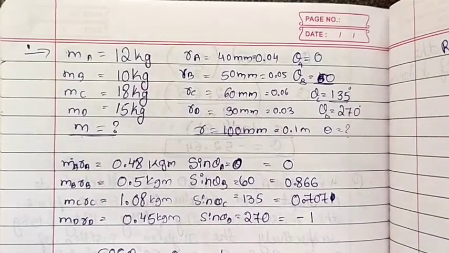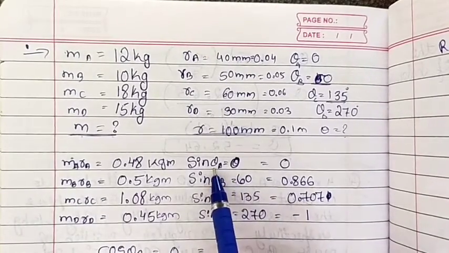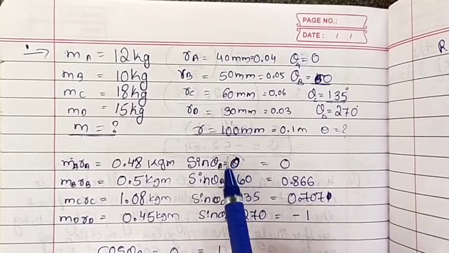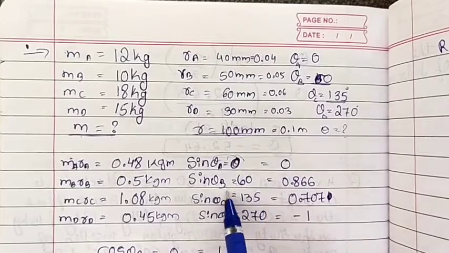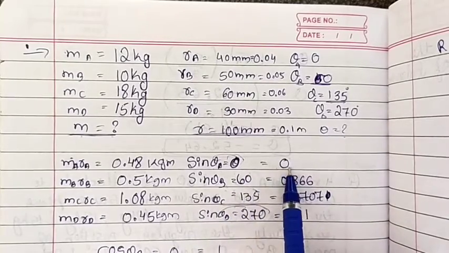Okay, the next step is to find the sine of 0 degree, that is sine of theta A. Theta A is 0 degree, then sine of 60 degree, sine of 135 degree, sine of 270 degree. You will get these values.